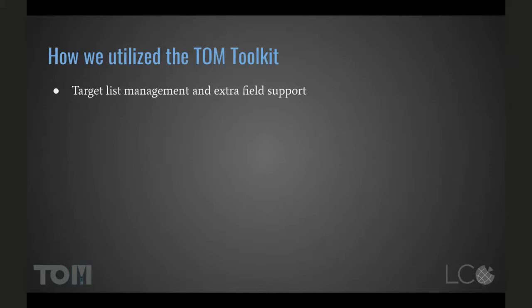In our case, we're submitting observation requests to our own facility, so we're using the LCO facility support. And that provides us not just construction of the JSON request, which itself can be a little bit daunting if you don't have a nice tool for it, but also submitting and validating the observation to make sure that everything is valid.